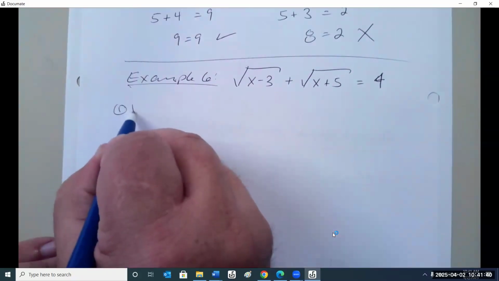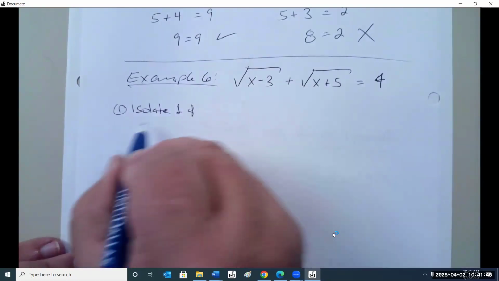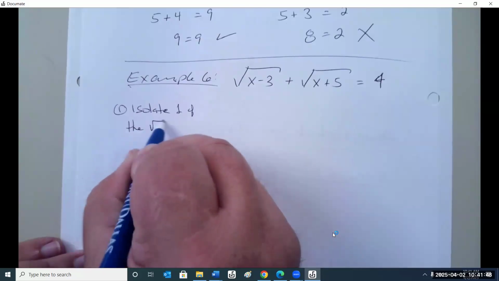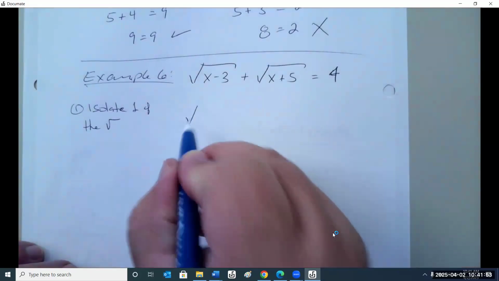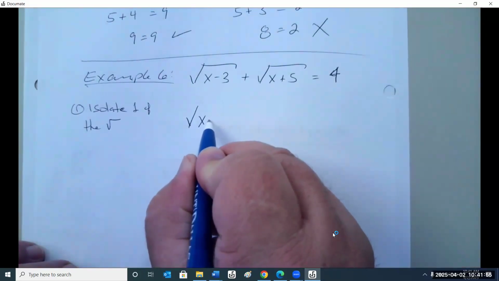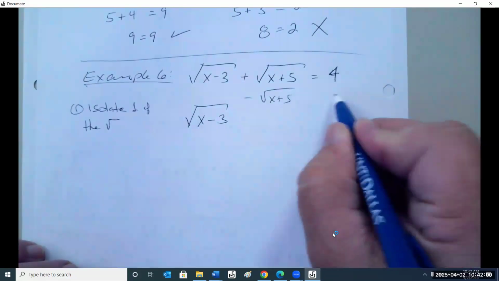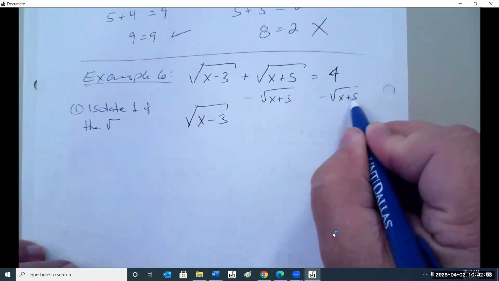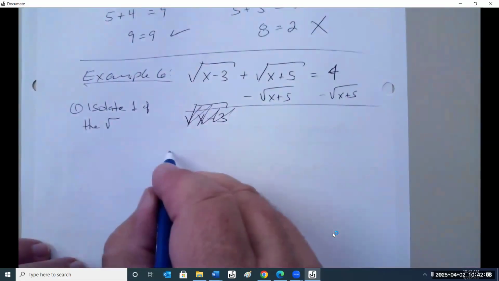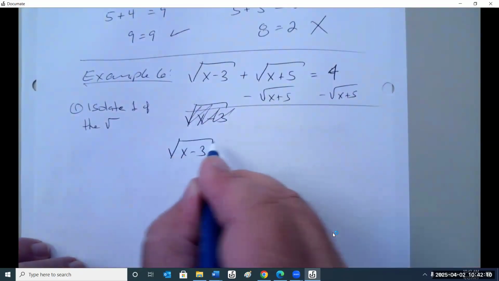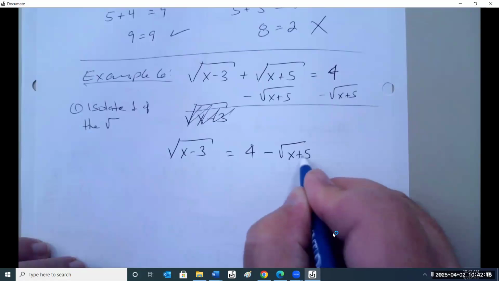You have to isolate one of the radicals. So let's move the other one. Let's move the square root of x plus 5 to the other side. Let's subtract square root of x plus 5 from both sides. So we have square root of x minus 3 equals 4 minus the square root of x plus 5.